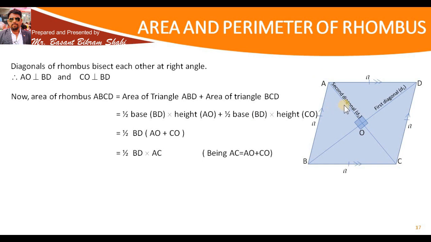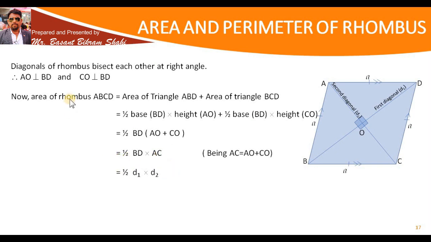When we add this side and this side, means if we add AO and CO, we get AC. That is the whole part axiom. So in place of AO plus CO, we can write AC.